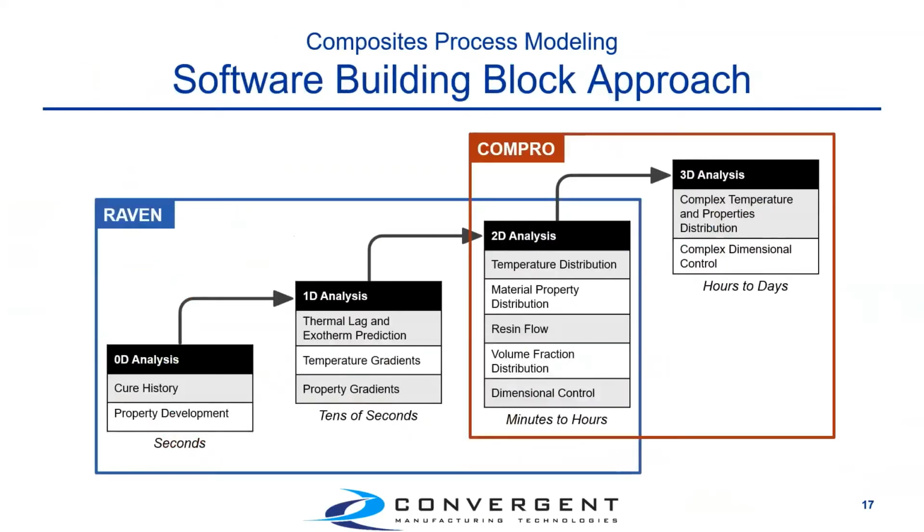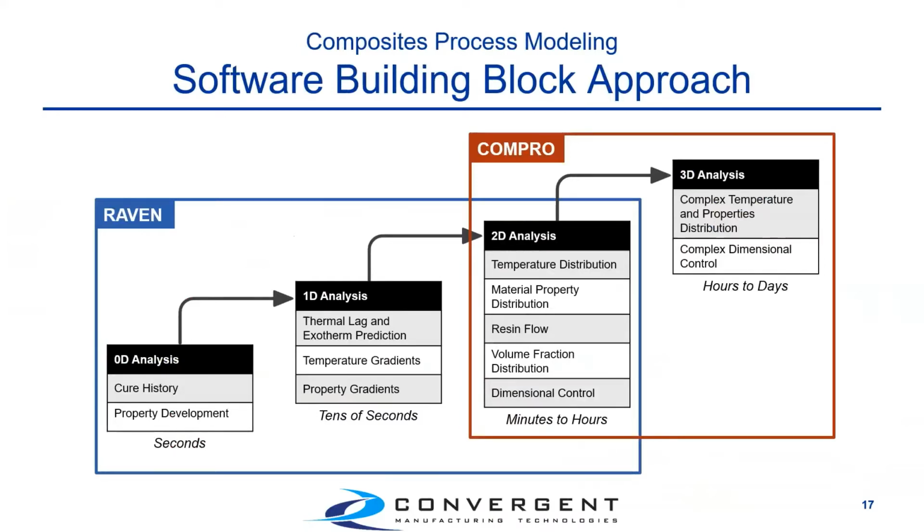Now, in terms of our software offerings, in the previous webinars we talked about Raven and showed you workflows in the 1D analysis specifically. So Raven can do 0D, which is the material point response analysis. That is, if you provide the temperature cycle, it can give you the properties of the material as it evolves through the cycle. That's the virtual testing, basically.